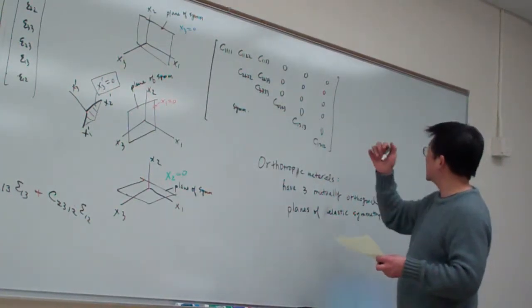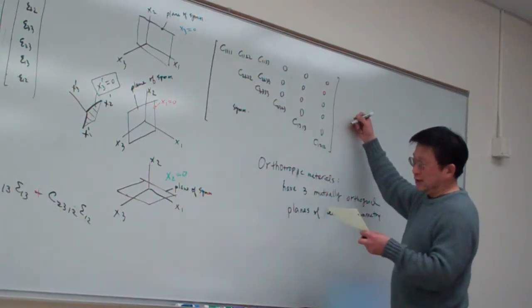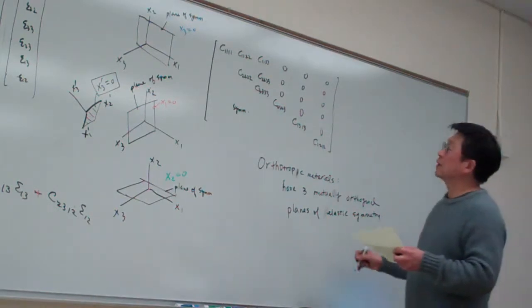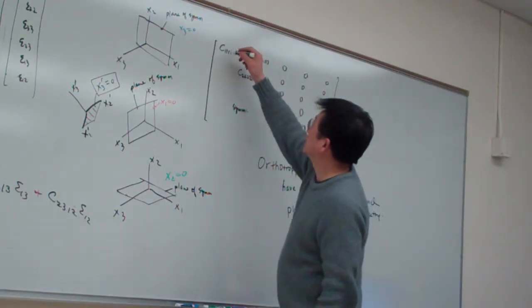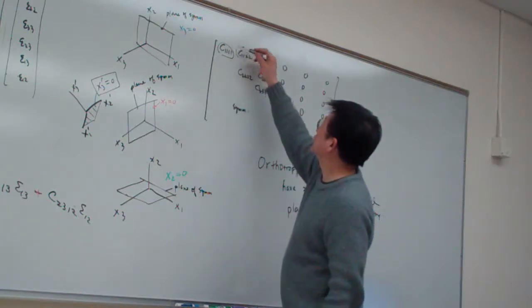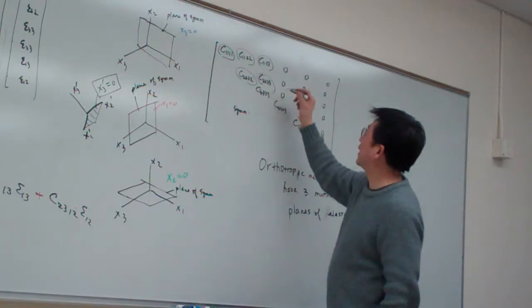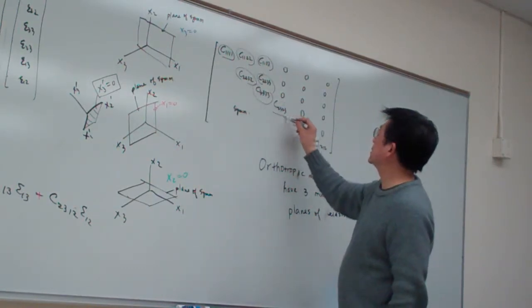So in terms of constants, here we can calculate how many. 1, 2, 3, 4, 5, 6, 7, 8, 9.